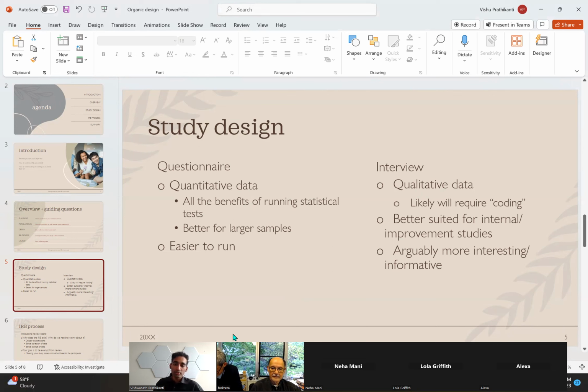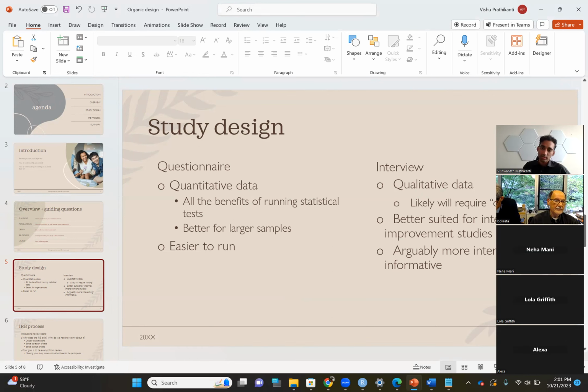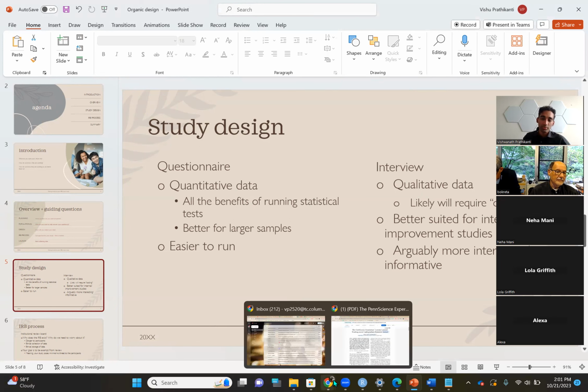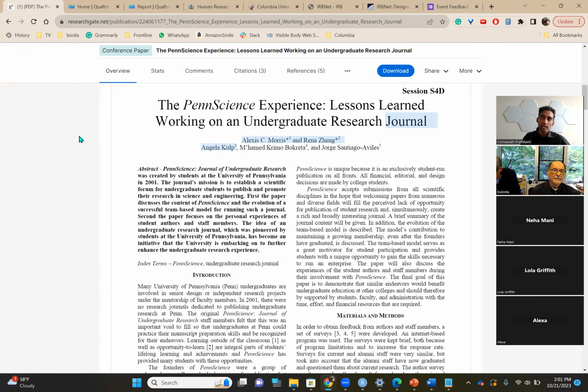So before I go into the IRB process, or the steps required to get this theoretical study approved, I wanted to go into the methods to collect your data.